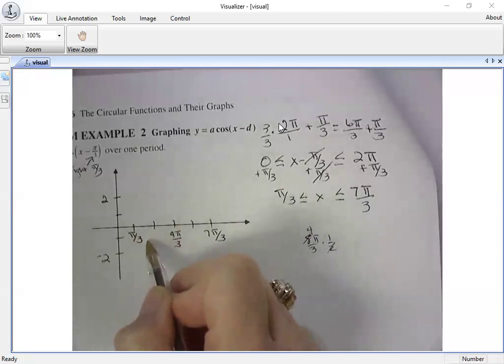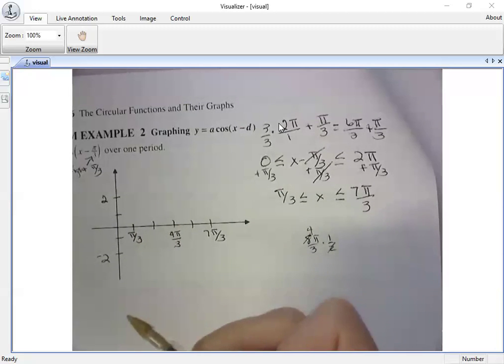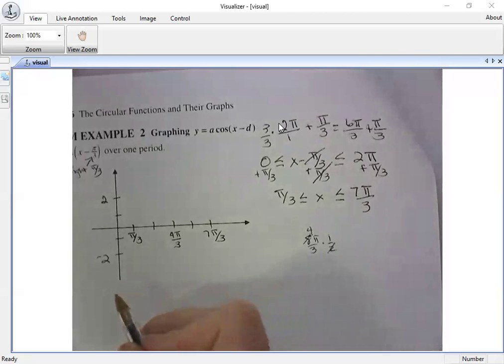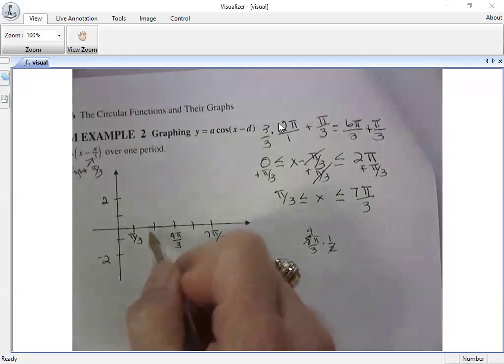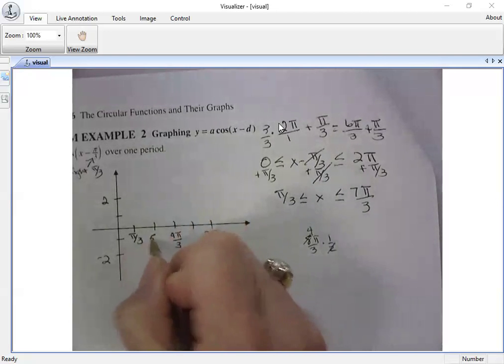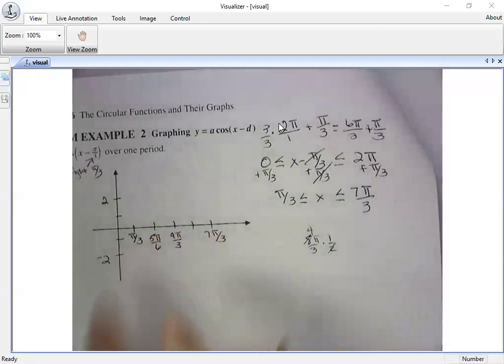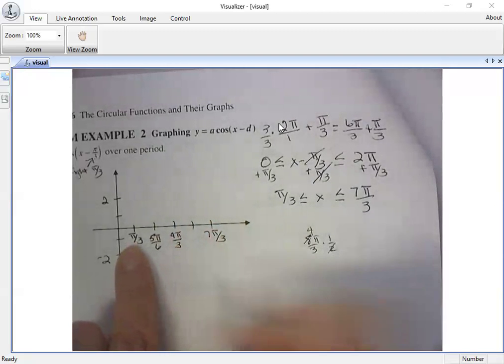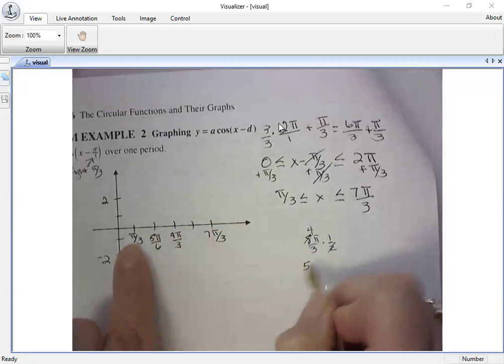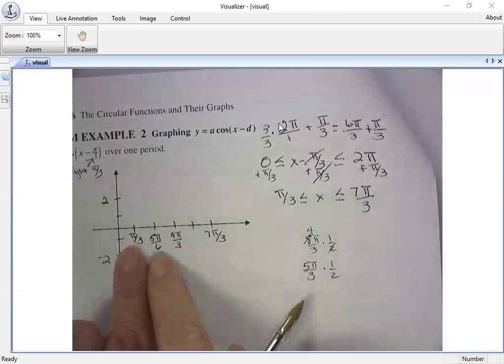Anybody found it? Yeah, Jason? Say it again. 5 pi over 6. You all agree with Josh? He is exactly right. 5 pi over 6. If I add pi over 3 plus 4 pi over 3, that's 5 pi over 3. I multiply that times 1/2. That's how we got 5 pi over 6.